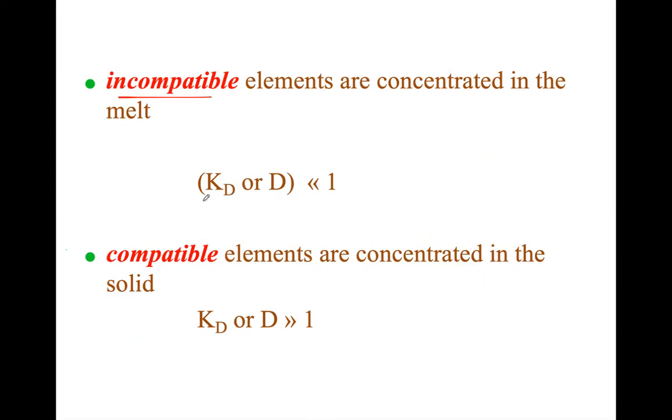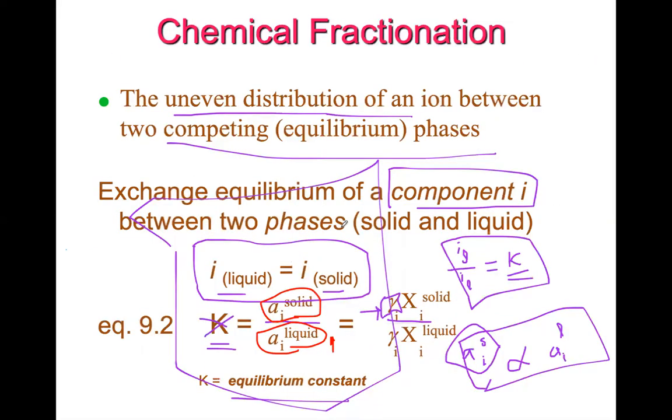So always remember KD, or D as it is sometimes represented, should be less than 1, because you have a higher concentration in the liquid in this ratio here, right? So this numerator and denominator matter, right?